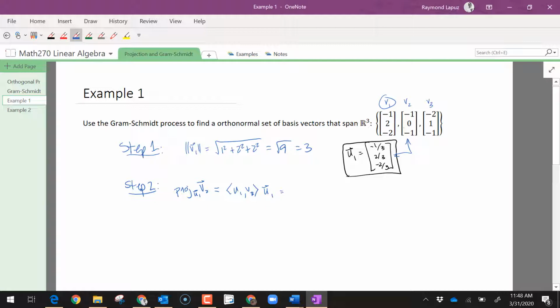That's going to be negative 1 and positive 1, so that's 1/3, and this is going to be 0, and then the last one is going to be positive 2/3. We're going to multiply this by u1, negative 1/3, 2/3, negative 2/3. So the dot product is just going to be 1, so the projection is just equal to u1 itself.